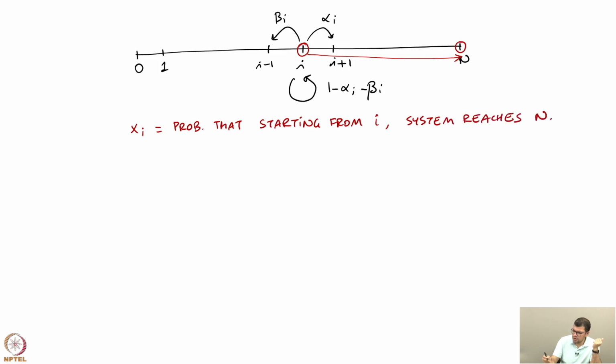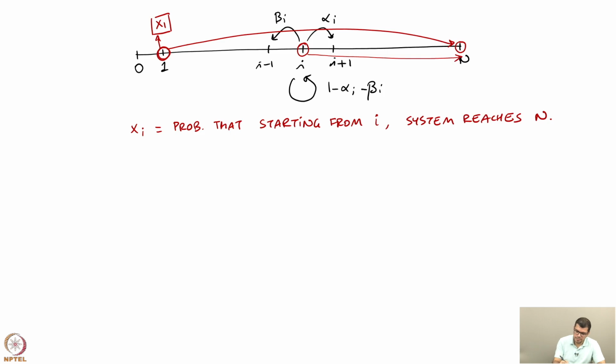It can take however long as it wants, but eventually the system reaches there, that is the probability. So, it is the fixation probability of a mutant which has I individuals of its kind already present in the system. And again, like last time, for I equal to 1, this x1 is the number we are most interested in, because this is the probability that the system transitions from I equal to 1 to I equal to n, and that is the fixation probability of a new beneficial mutation that I am most interested in.